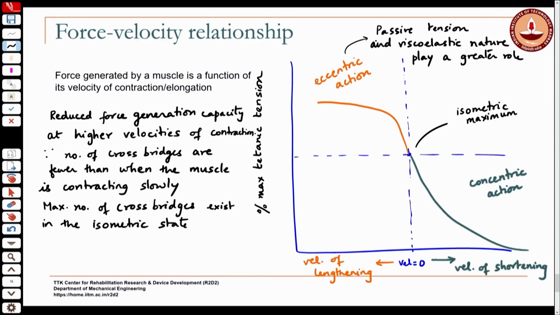Most of the time we are not even using our muscles to the full capacity. So, if I choose to pick up something that is light and I choose to pick it up slowly, the number of cross bridges are fewer, and so I am not really operating at the maximum capacity of the muscle.